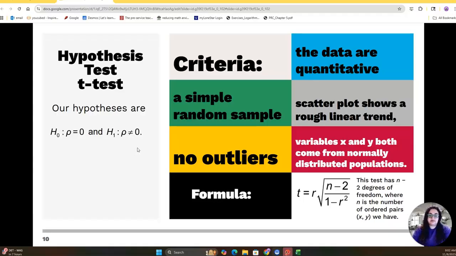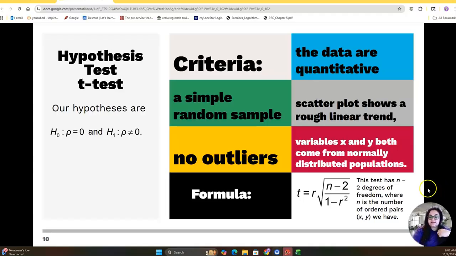One thing I did forget to mention is that this correlation coefficient that we are finding is a specific type of correlation coefficient. This is called the Pearson correlation coefficient. For this hypothesis test, because we've assumed that both variables are normally distributed, we can run a t-test. A t-test distribution looks very similar to a normal distribution, but the height of the distribution changes based on the sample size.